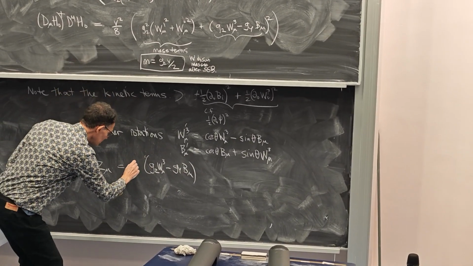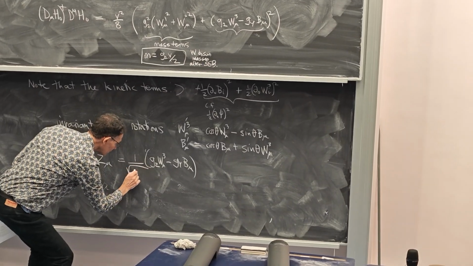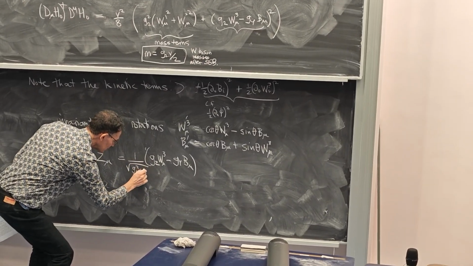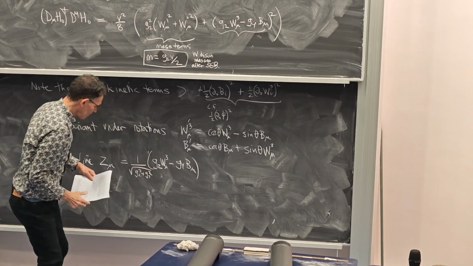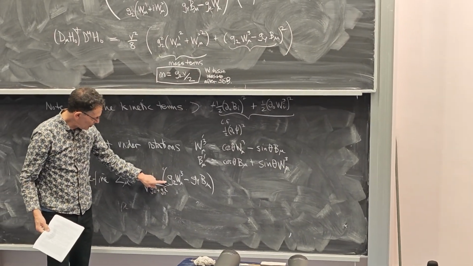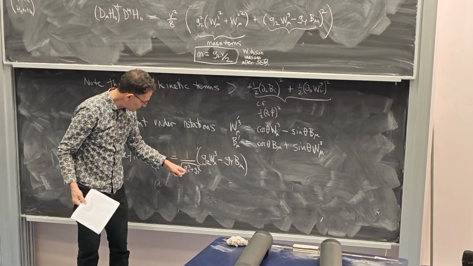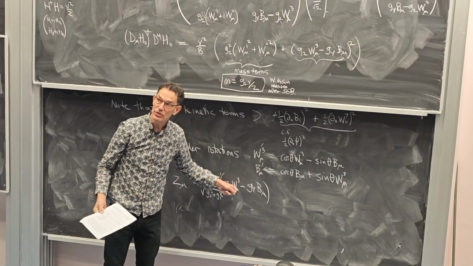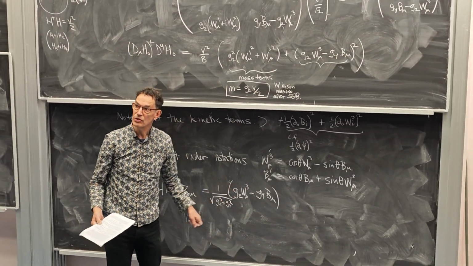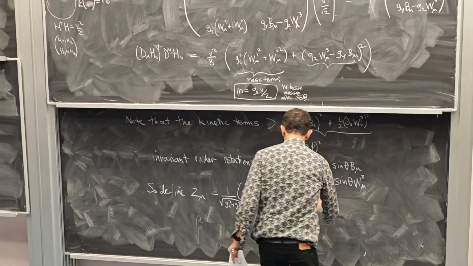Okay, that's good, but these are not angles. So I've got to divide by 1 over square root G2 squared plus GY squared, so that this is a cosine and that's a sine. You want the sum of squares of these coefficients to equal 1. Then this is a rotation.